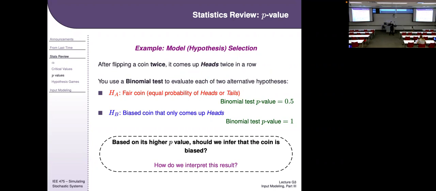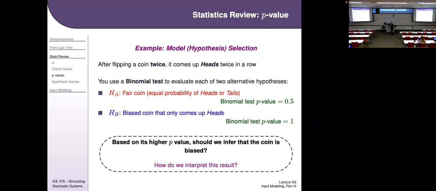Now, if I think about the outcome of two heads, in the fair coin hypothesis, I get a p-value of 0.5. So there's a 50% chance that this outcome, heads, heads, or something more extreme, and there's nothing more extreme in this simple case, could occur.